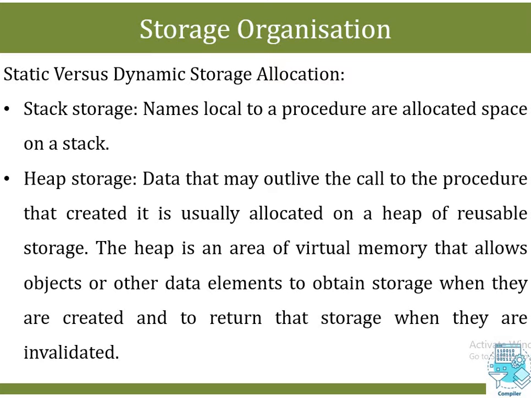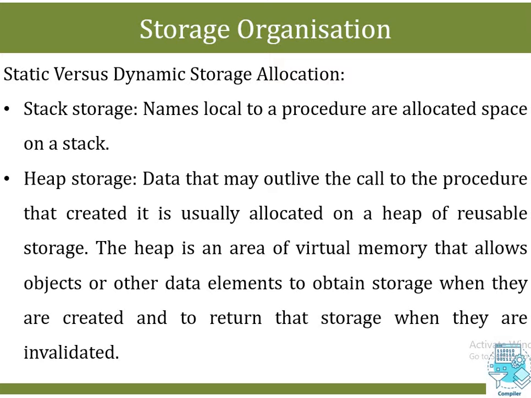Even when the control leaves multiple functions, if you want to retain certain values, we can store them in the heap. A very good example is a static variable. Even when we go to a different function, the value of a static variable can be retained.